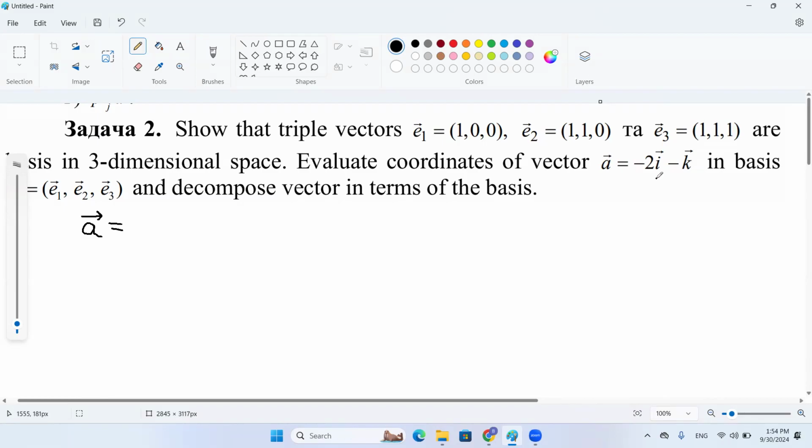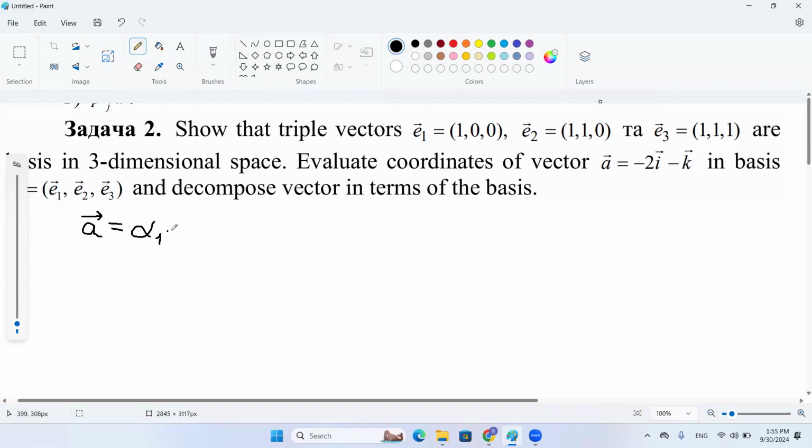So you want -2 to be multiplied by which of them? We have three vectors, which are actually the bases, and we need to decompose. Okay, so just to help you, how it looks like.